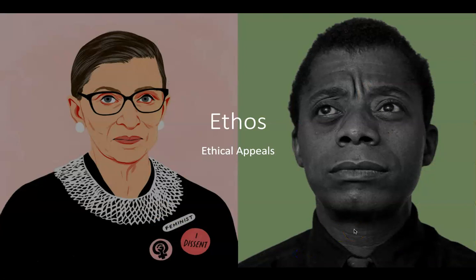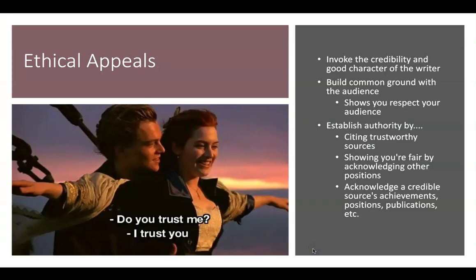Okay, so the next appeal that Aristotle came up with was this idea of ethical appeals, otherwise known as ethos. And ethical appeals invoke the credibility and good character of the writer, and as a result, the reader. They build common ground with the audience and show that you respect your audience. They build trust.